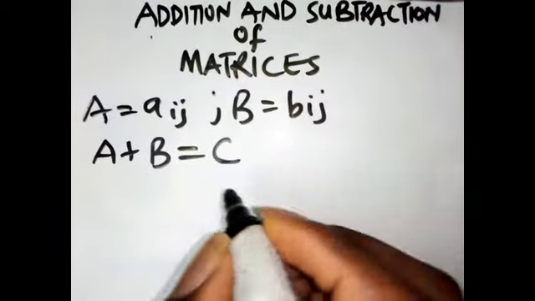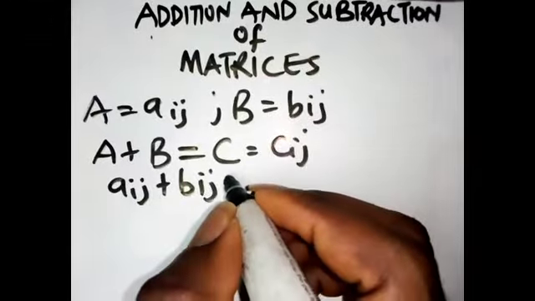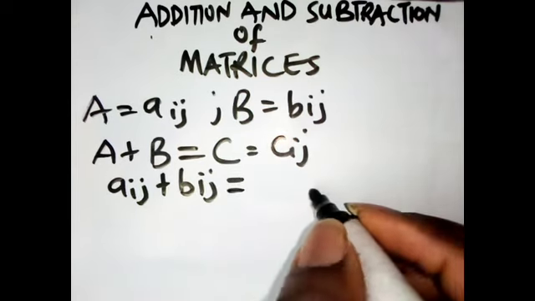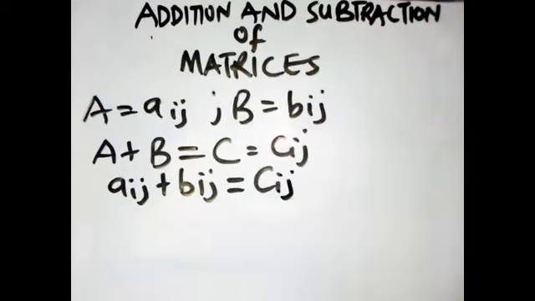Where C is equal to Cij. So the element in the first matrix A plus the element in the second matrix B would give us the sum, a new matrix called Cij.